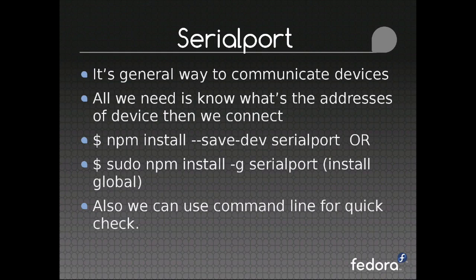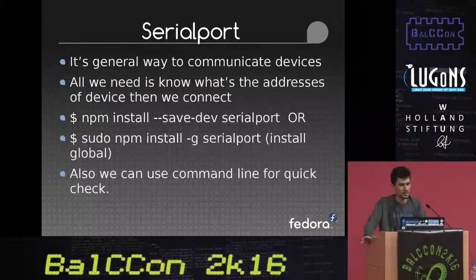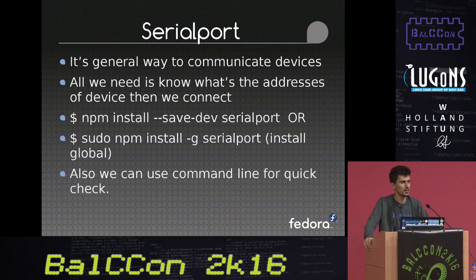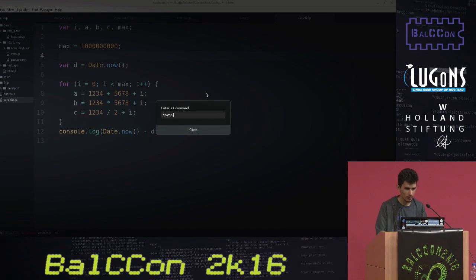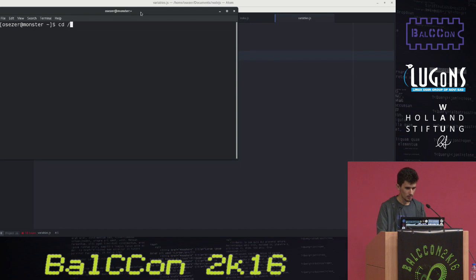And this is also a serial port, which is also a general way to communicate. We just need to know what the device on it is. So the address I mean is, let me show. If I open my terminal, okay, I just plug in my Arduino here.